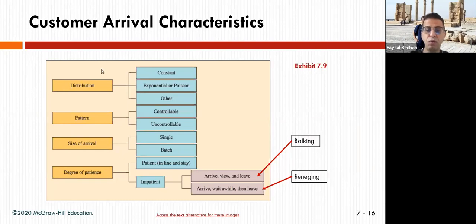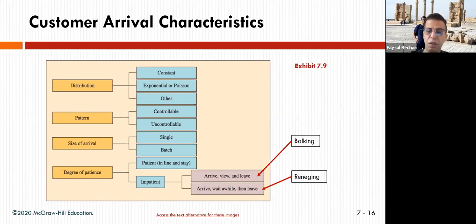When you look at the distribution, whether you have a constant or a sudden burst or a combination, then in the pattern, whether the arrivals are controllable or uncontrollable. The size of the arrival could be single or multiple people, 10 by 10 or 100 by 100, and how long they can wait in line.